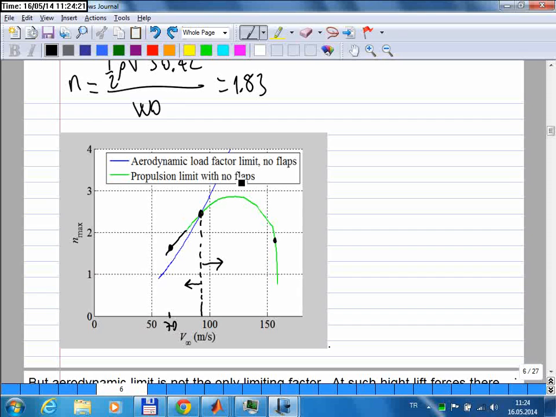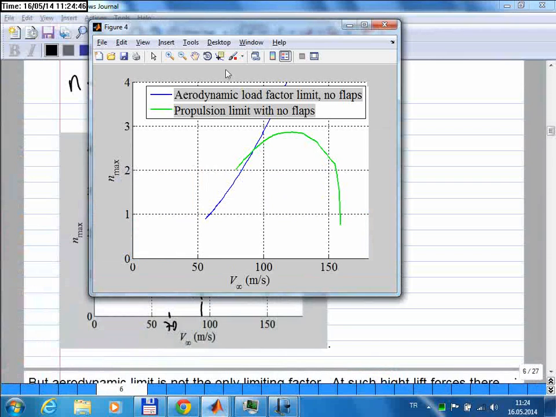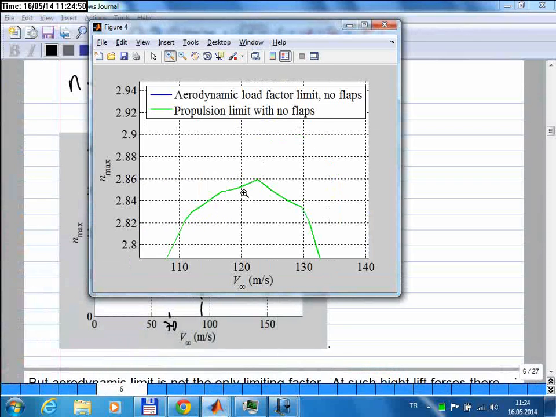Even at this level, you say that aerodynamically you are fine, and the engines can give you this much power as well. So let's find out how much lift force the wings should create at that level. The load factor here is still less than 3. Let me find a more accurate number. It is 2.86.